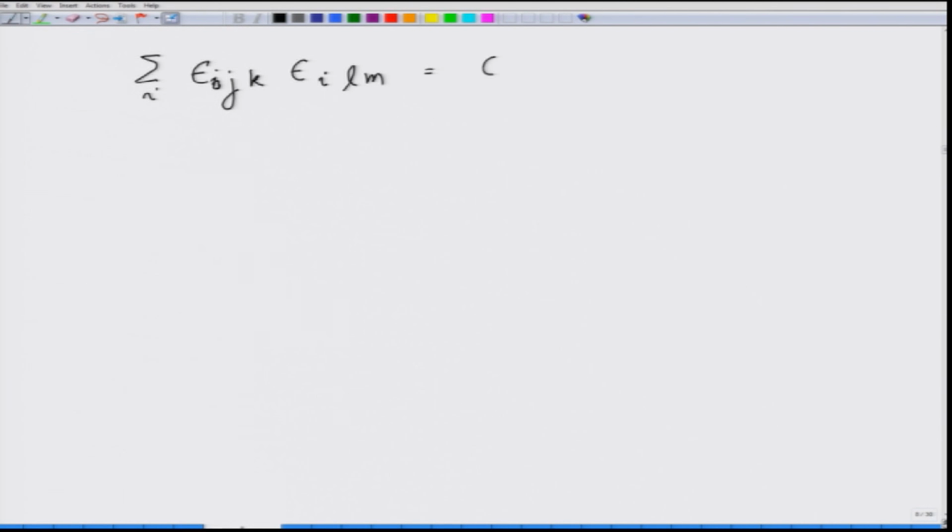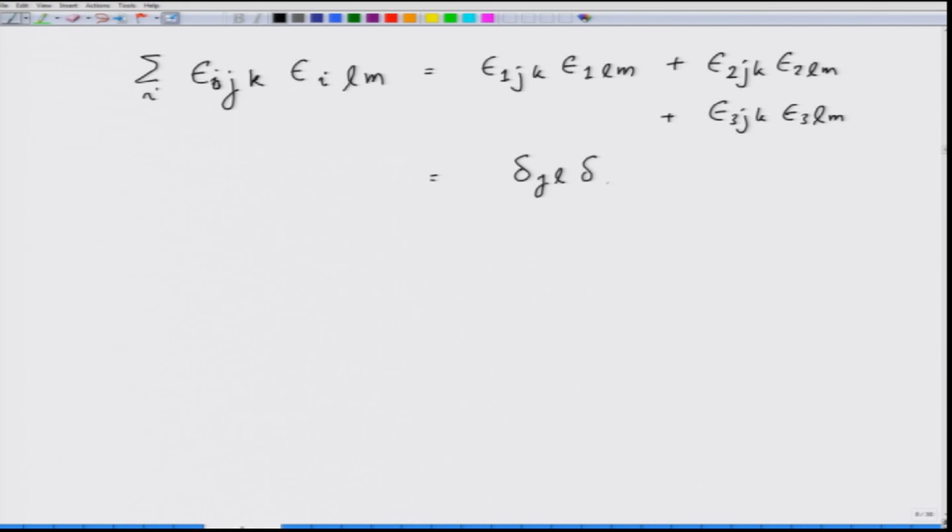That means, if I take epsilon 1 j k epsilon 1 l m plus epsilon 2 j k epsilon 2 l m plus epsilon 3 j k epsilon 3 l m, it is going to be equal to delta j l delta k m minus delta j m delta k l.